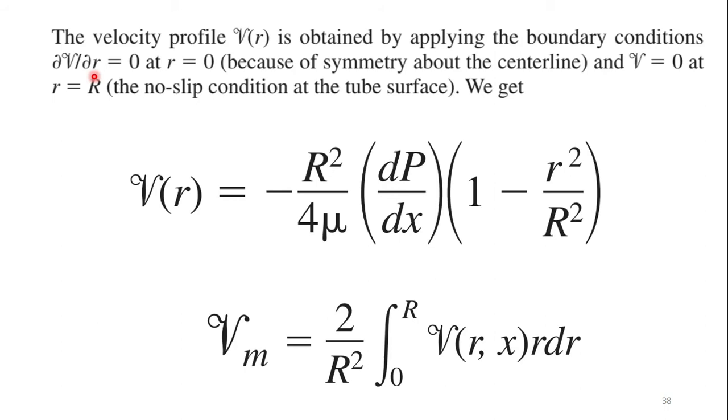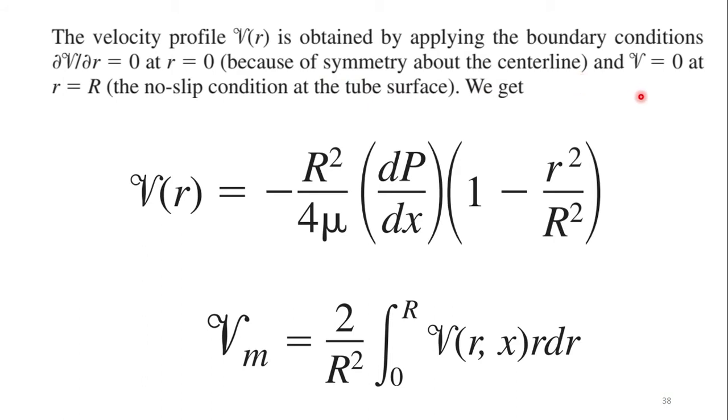As we said at the start of the topic, the velocity is not changing in the radial direction. Velocity is only changing in the axial direction, that is the x direction. At r equal to 0, which means at the center, dV/dr is 0. This is the first boundary condition because of the symmetry about the center line.